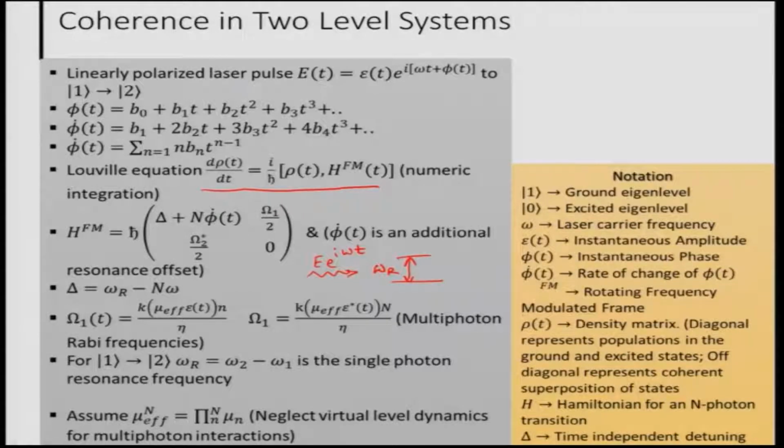Now, if it is not a single photon interaction, but a multiple photon interaction, then it can be in terms of n photon interaction, and therefore, the overall detuning can be written for the most general case as omega r minus n omega, which could then be related to the energy of the applied field and the dipole moment and all these properties, which can be effective values in terms of multi-photon conditions, and they can be made to work in similar ways as the single photon problem has been developed over the years.